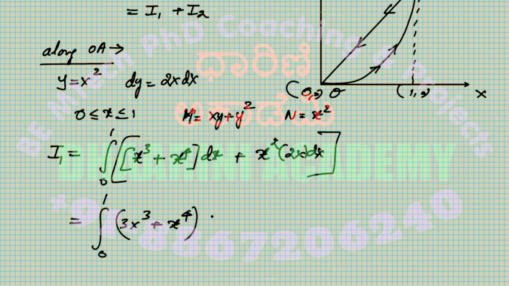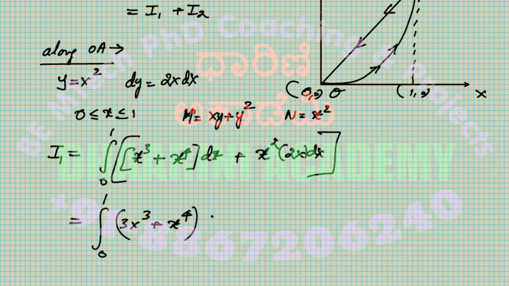No, no. I'm doing the double integration. In order to substitute there, I need dou n by dou x. Do you have that with you? 2x, right? Dou m by dou y I need, right? So dou m by dou y, how much? That is x plus 2y. You differentiate. Okay, now you do the integration.